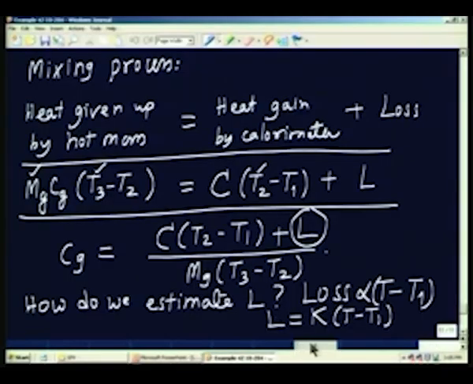So, we were looking at the mixing process. During the first phase, we are going to drop the hot mass into the calorimeter vessel, and then study the temperature variation of the calorimeter. The temperature increases steadily, and after some time it has to come to a steady state.